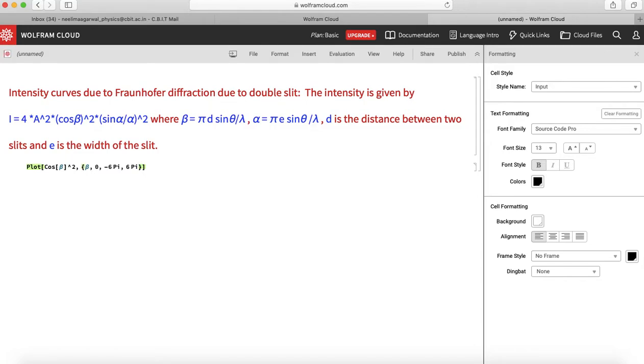Also we would like to label the axes, so with a comma we write axis label. On the x-axis I need to label beta, and on the y-axis cos beta whole square. Okay, let us see what we get.